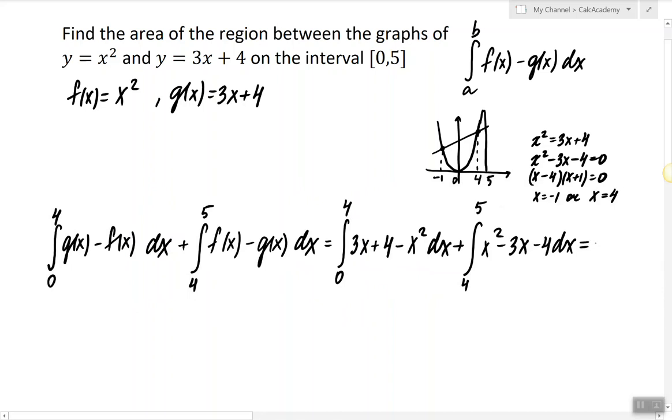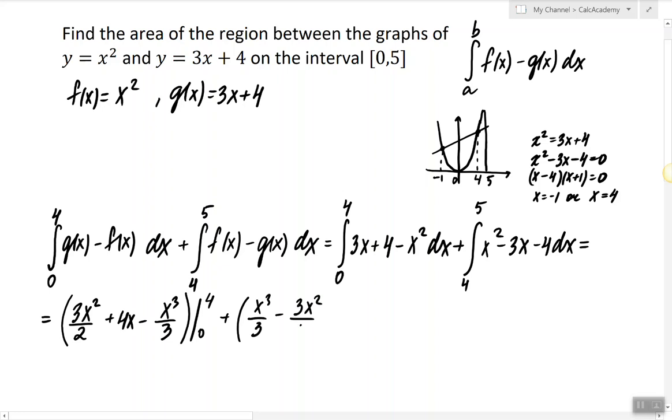And let's integrate. So the first integral is 3x squared over 2 plus 4x minus x cubed over 3 from 0 to 4 plus x cubed over 3 minus 3x squared over 2 minus 4x from 4 to 5.